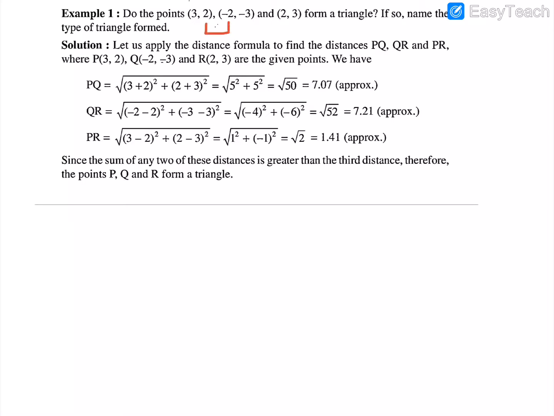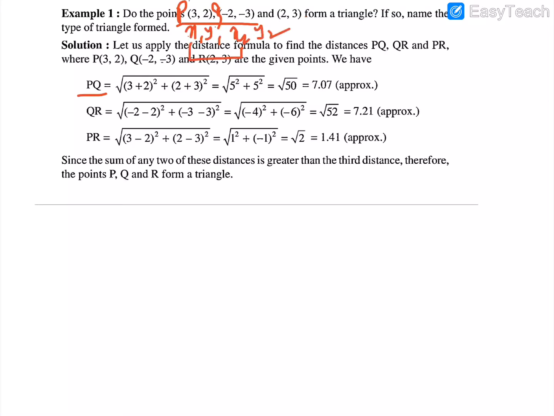Now we will find the distance between these two, between these two, and between these two. For the name's sake, let us name them A, B, C. Here in this example, they have marked them as P, Q, R. Now they are applying the distance formula with PQ, so we are taking only the points P and Q. So this is x1, y1, x2, y2.